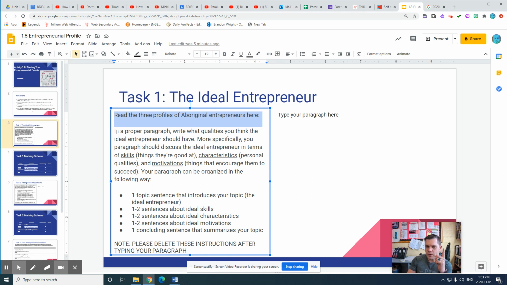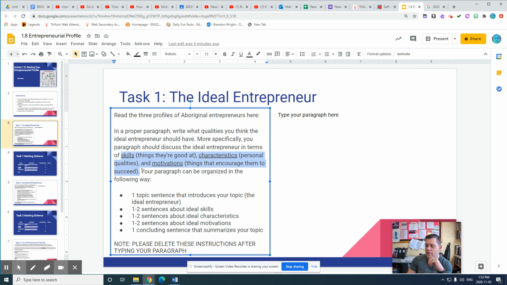I'd like you to read those, and then in a proper paragraph, write the qualities that you think the ideal entrepreneur should have. More specifically, your paragraph should discuss the ideal entrepreneur in terms of things they're good at, skills, characteristics, and motivations. Those are the 3 things that will be in your body, your supporting details.